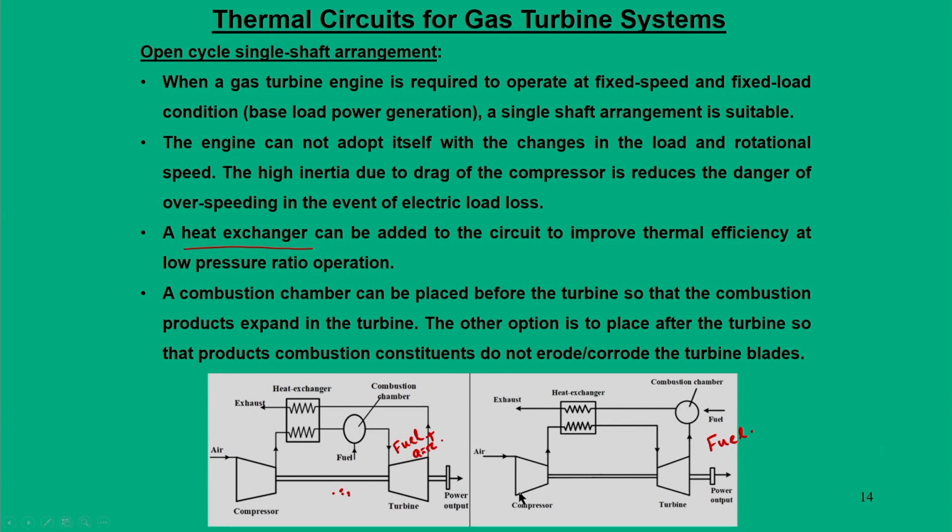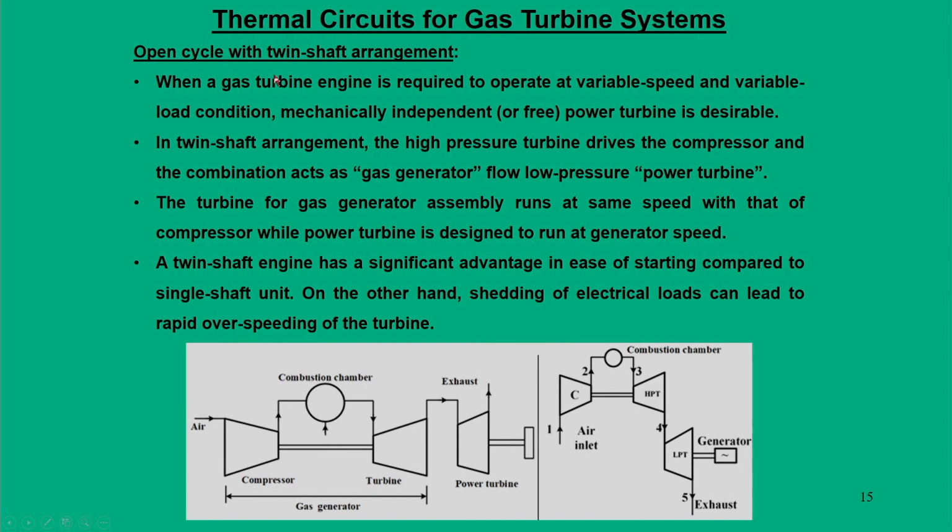The basic drawback is that when the fuel and air expand in the turbine, they erode the turbine blades. There is a high chance of erosion of turbine blades, and that is not true when only air expands in the turbine.